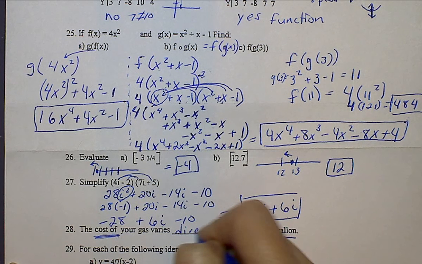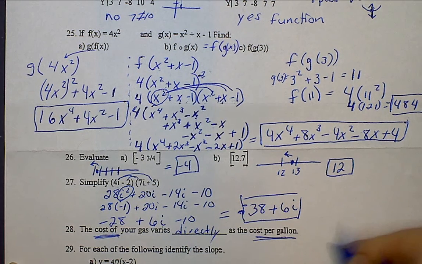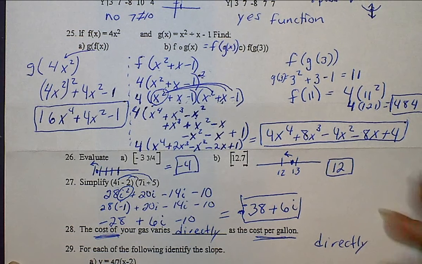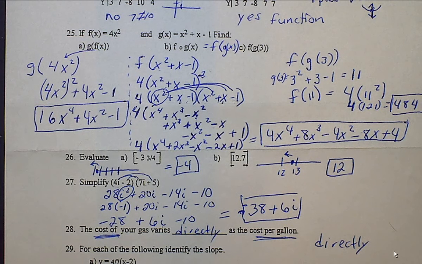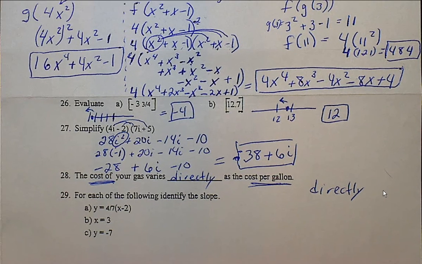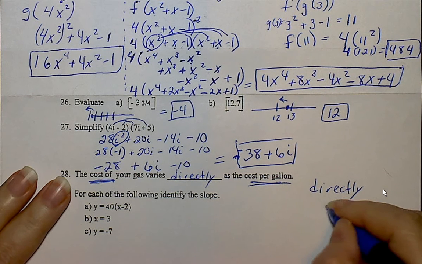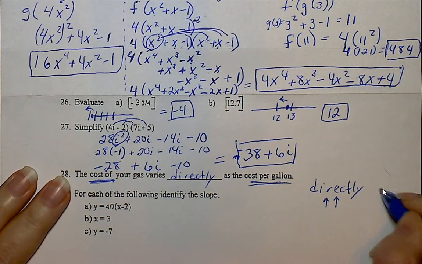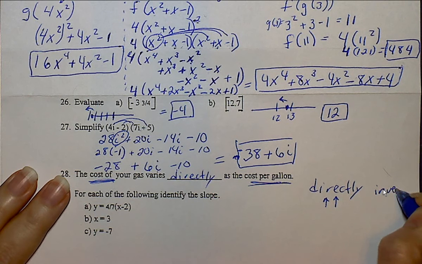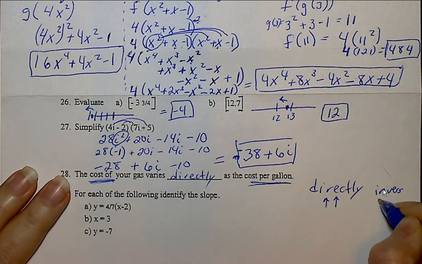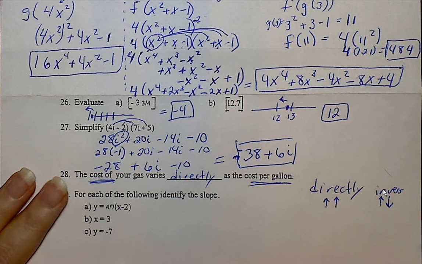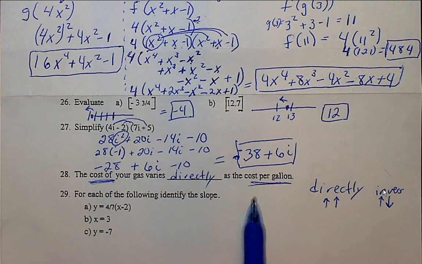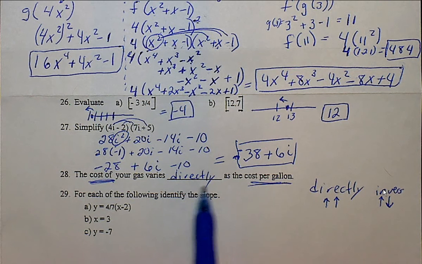Remember, directly is basically if one goes up, the other goes up, and inversely, if one goes up, the other goes down. Those are the 2 types that we have to worry about. But since if the cost of the gallon goes up, how much I have to pay, because I buy per gallon, my cost also goes up. Alright.